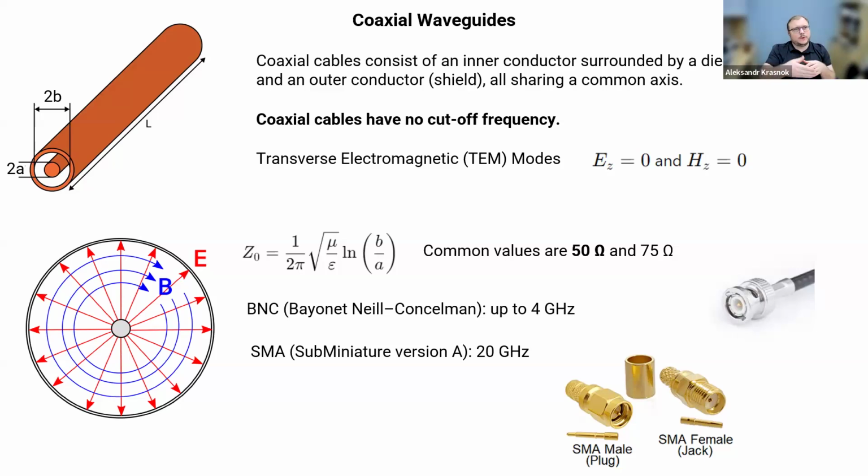However, if you, for example, start from a fixed frequency and then shrink the radius of this waveguide, it will still support the mode, but it will increase more and more the electric and magnetic field of this mode. So this waveguide can be useful for applications where you need to increase electric and magnetic field in a local area.